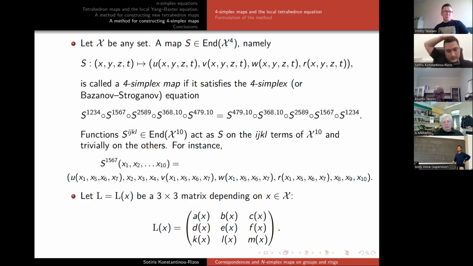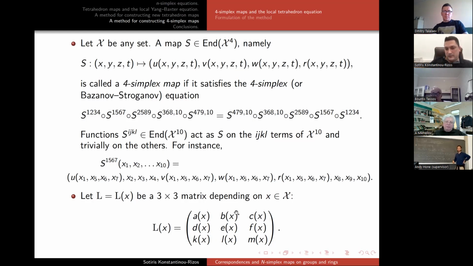After some experiments, the general task is to classify all solutions of the local N-simplex equations, and allow correspondences also to play their role.